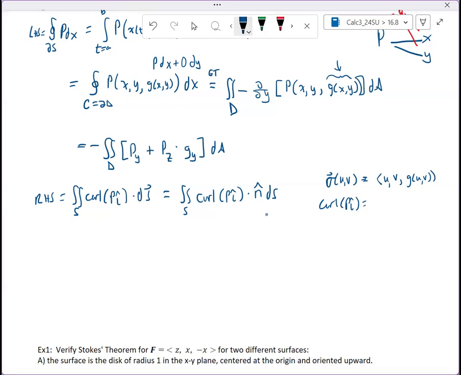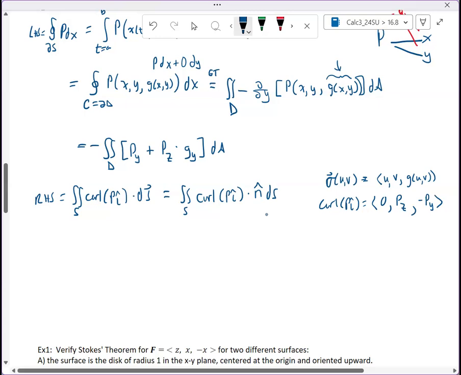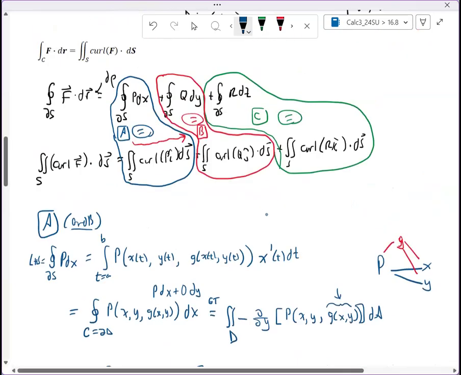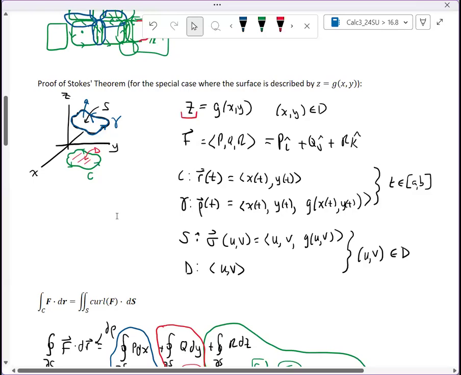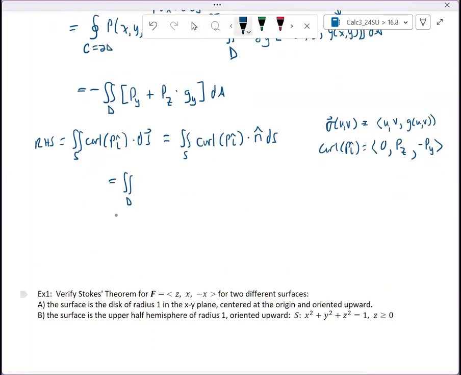The curl of pi hat, a short calculation shows that it's 0 comma dp dz comma negative dp dy. And what do I get from here? This is the double integral over D, our region in the xy plane, of curl of pi hat dotted with negative gx, negative gy, comma, plus 1 dA.